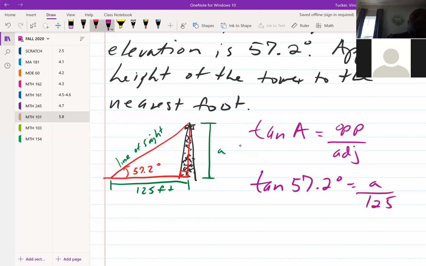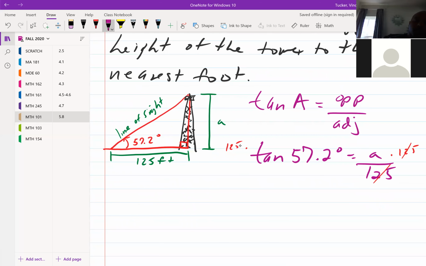All right, so now solve for A by multiplying both sides by 125. A is equal to 125 tangent 57.2 degrees.